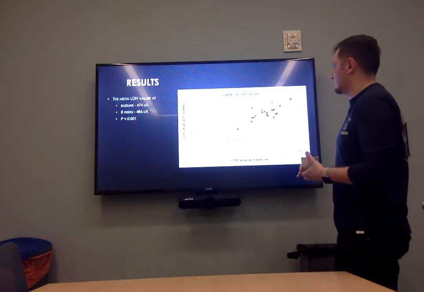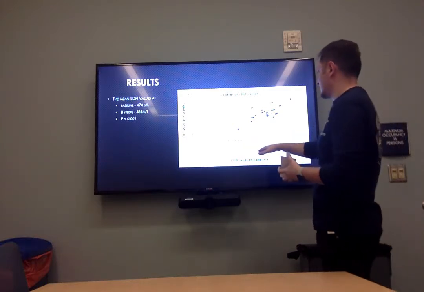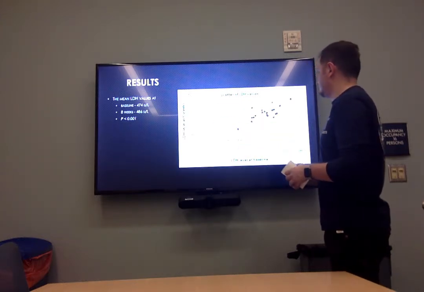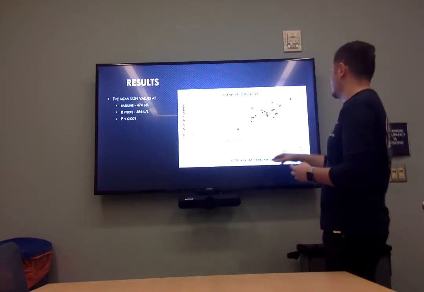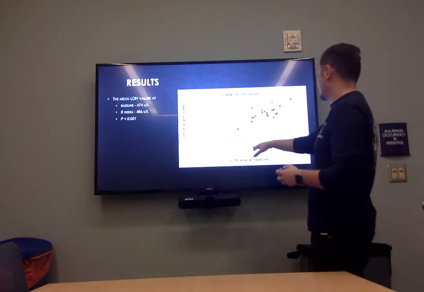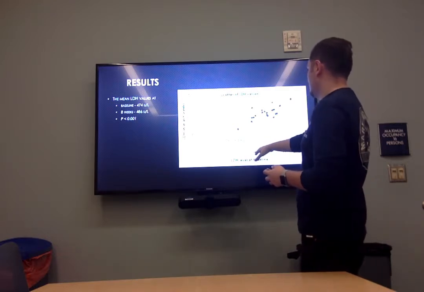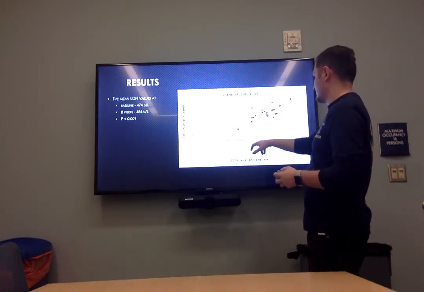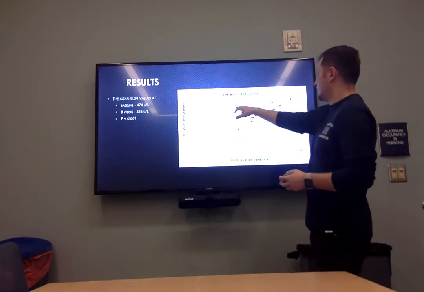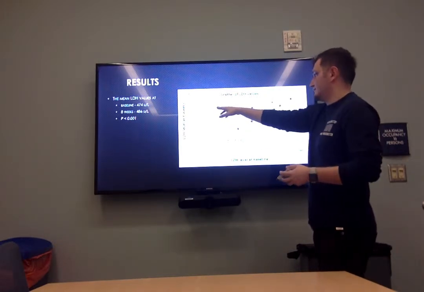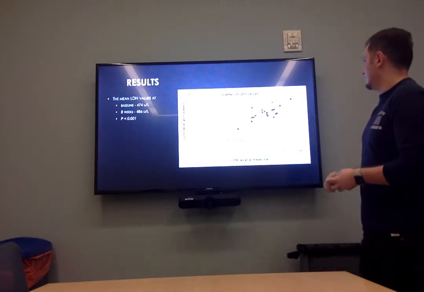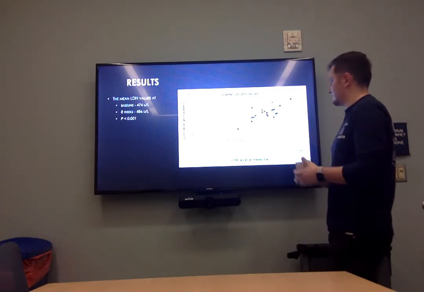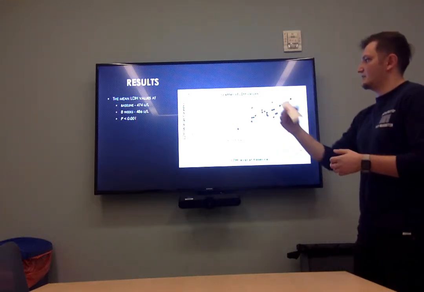Looking at the graph, the x-axis is the baseline and the y-axis is the LDH levels at 8 weeks. You'll see most of the patients starting around 350 and ending after 8 weeks around 600 units per liter. And there are a couple other examples in here that also back the data up.